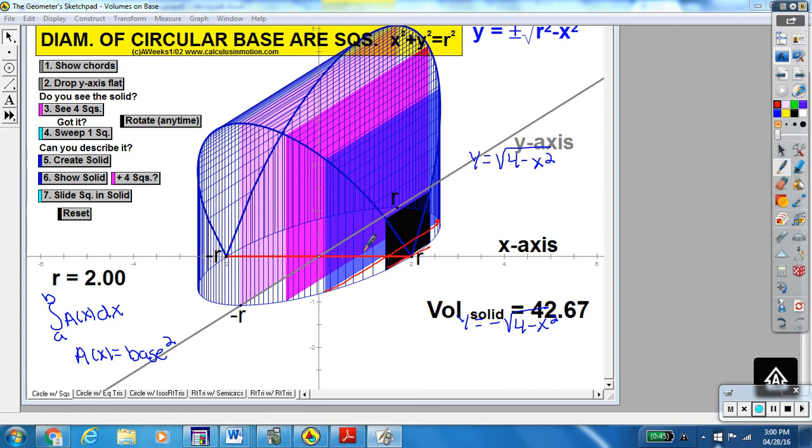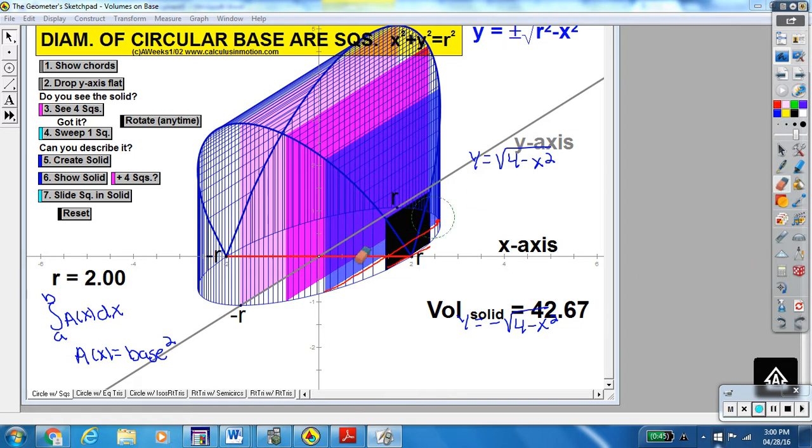So what you basically have to do is imagine that your square starts at the top of the semicircle, of this portion of the circle, and it goes all the way to the bottom. So simply put, the base of this square is the distance from the top of the circle to the bottom of the circle. Okay, that's it.